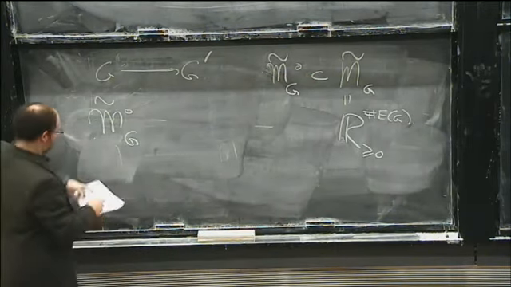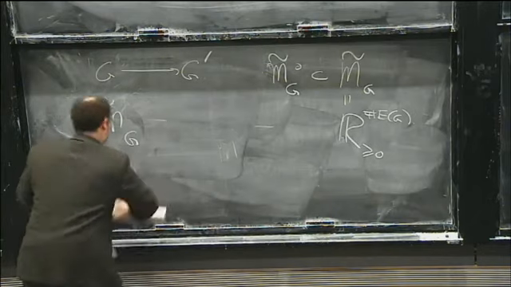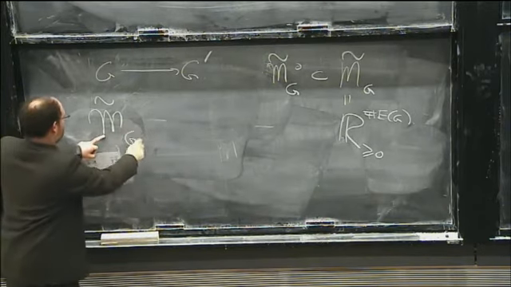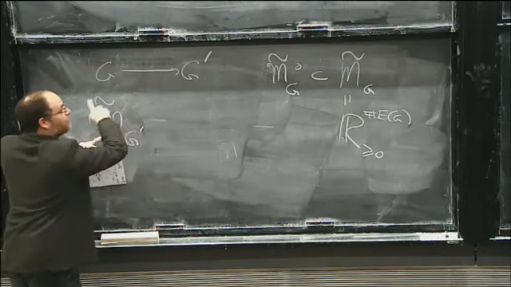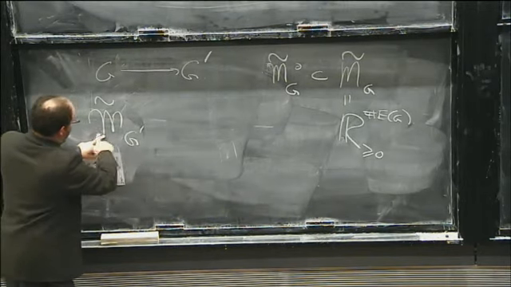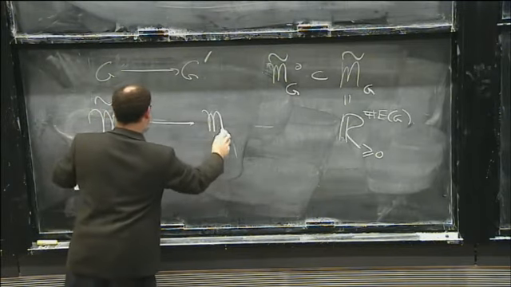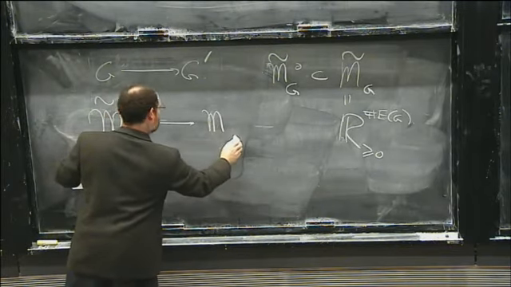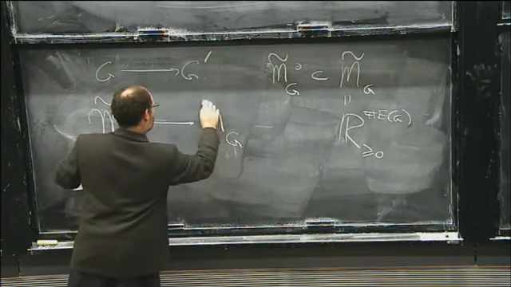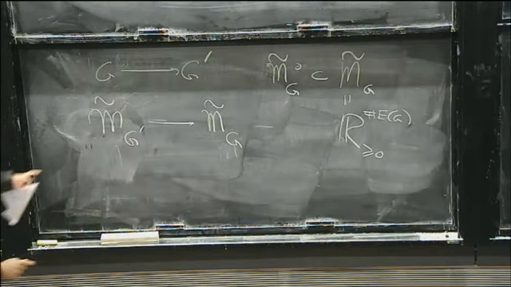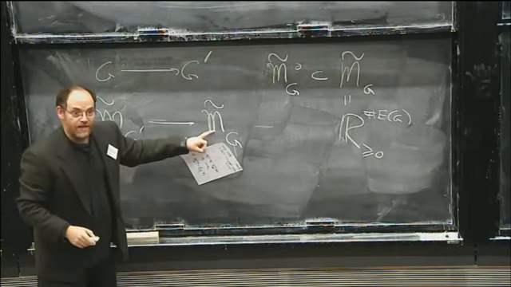Whenever you have a graph contraction, you get a map and a compatible ordering of the edges. You have a map from this to this, just by declaring that the length of the missing edges are 0.